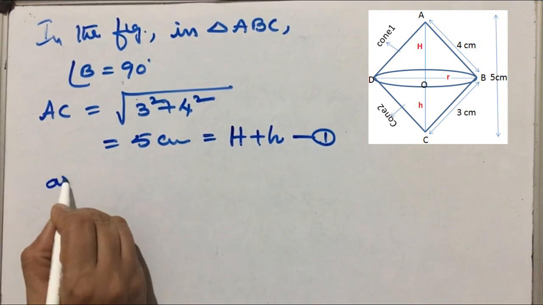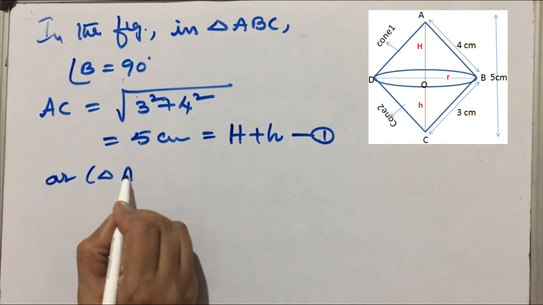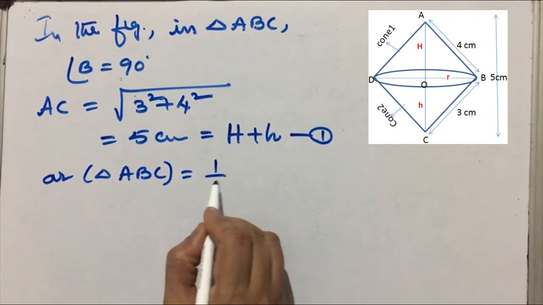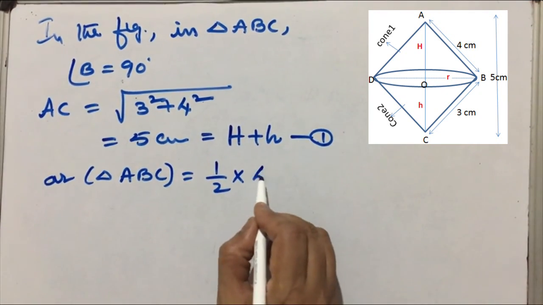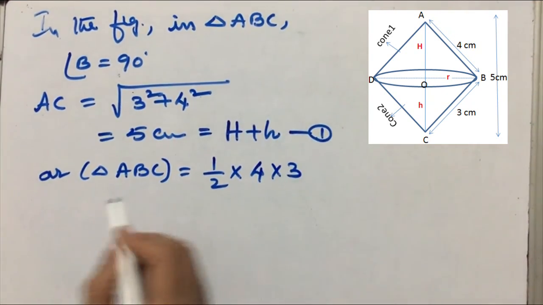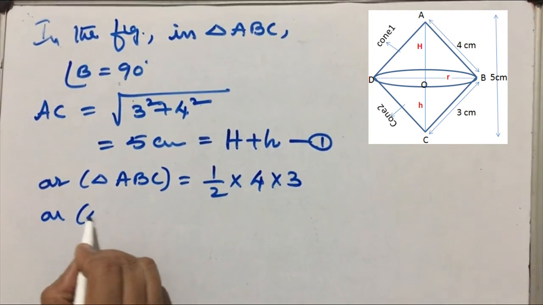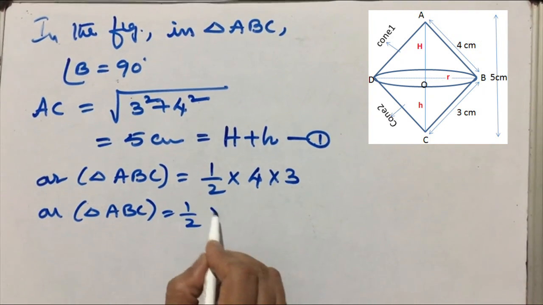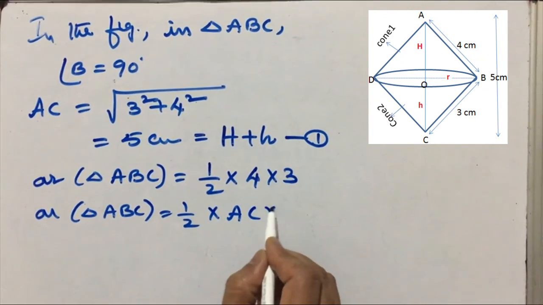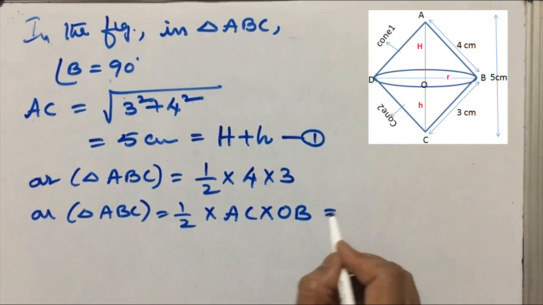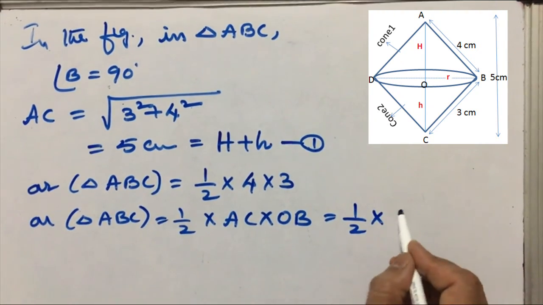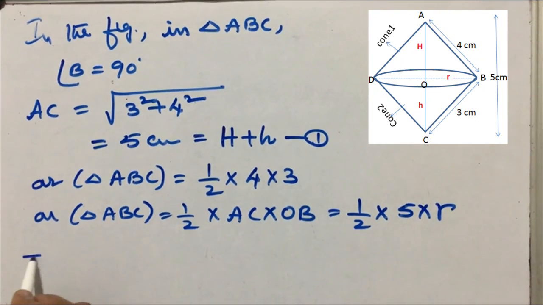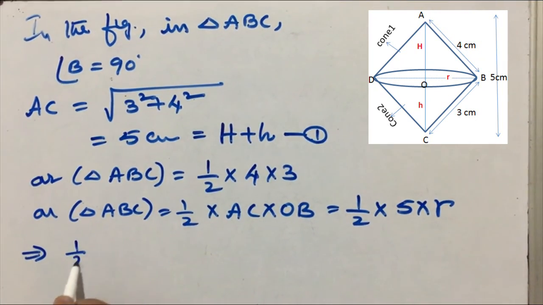Moreover, the area of triangle ABC we can find in two ways. One way is half of the product of its legs, and the other way is half into AC into OB, that is half into 5 into R. Both represent the same triangle, so I am equating both.